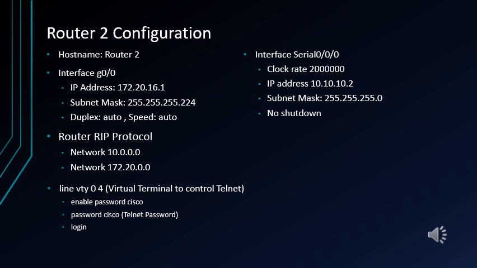We also use line VTY 0 4, which is virtual terminal to control Telnet, where we enable the password, set the password, and the login. For interface serial 0, we have a clock rate of 2 million and an IP address of 10.10.10.2 with a subnet mask of 255.255.255.0, and we also put no shutdown.